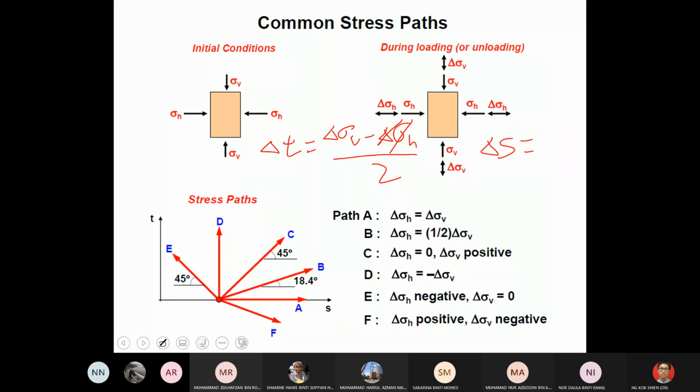Then we look at the delta S. Delta S is delta sigma V plus delta sigma H, divided by 2.